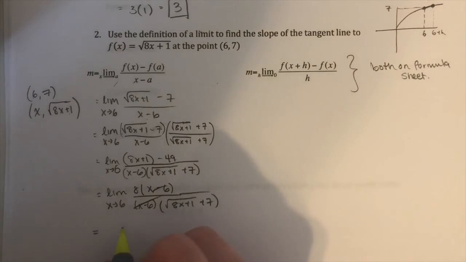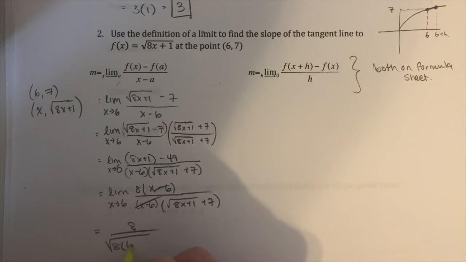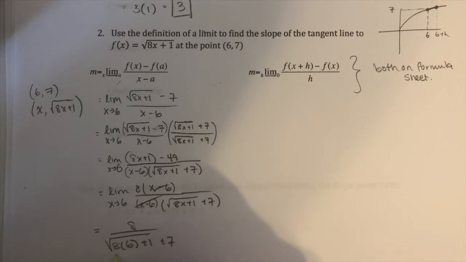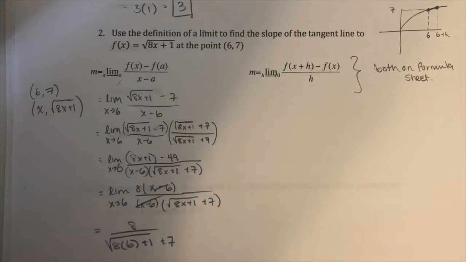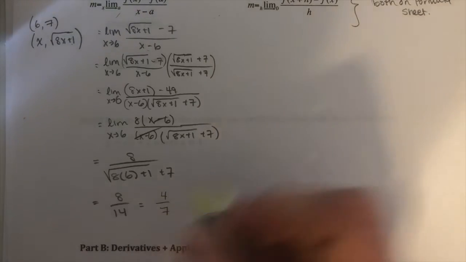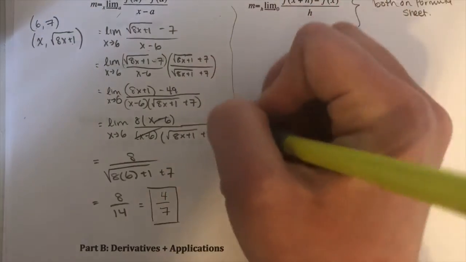Now we can plug that 6 in. So we've got 8 on the top, and then root of 8 times 6 plus 1, plus 7. So this whole thing is 49 plus 7, which is 8 over 14, and they both divide by 2 to give 4 over 7. Okay, so that's method 1.